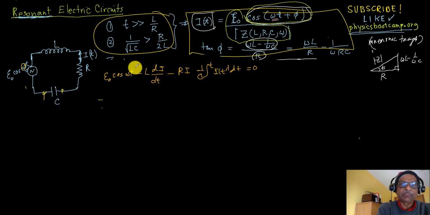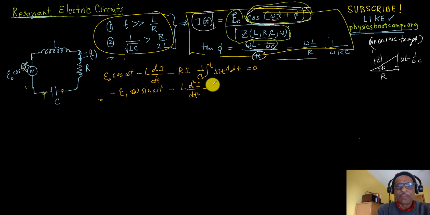So this is the voltage, right? Now if you take a time derivative, this will become minus E0 omega sine omega t, and then this is going to be minus L d squared I/dt squared minus R dI/dt, minus 1 over C I equal to 0.